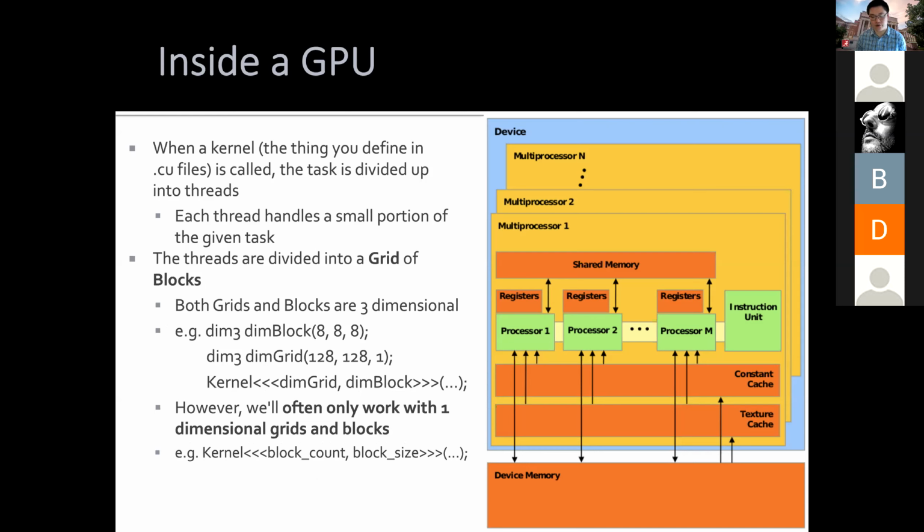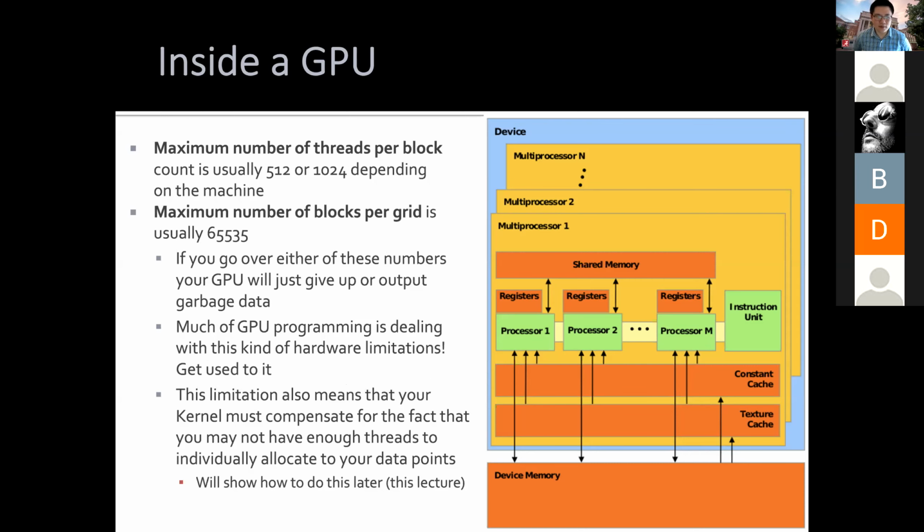But as I mentioned, if we want to do something for matrix or tensor or other higher-dimensional spatial cases, maybe you need to use 2D or 3D. The maximum number of threads per block is usually 512 or 1024, depending on the machine. But now I think the V100 has 1024 threads per block you can use.